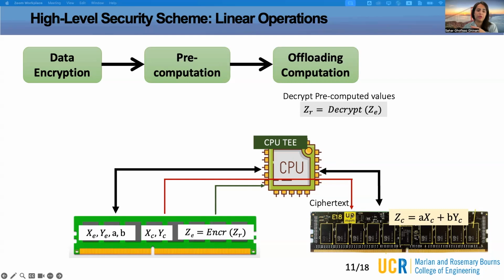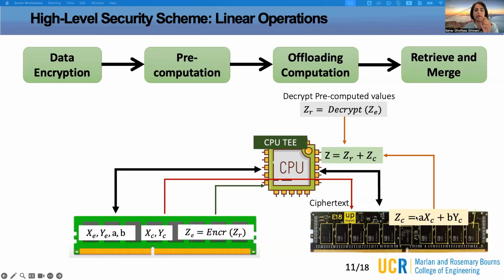So the first portion was the one which was pre-computed, and the second portion is the one which was performed on the PIM. Then at the same time, the TEE pre-computed partial results are decrypted on the TEE. When both of these two results are ready on the TEE, we merge them to get the final result of our computation.